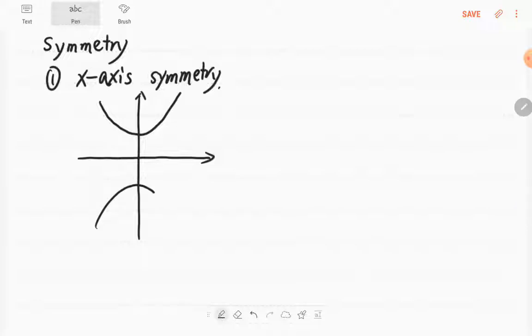X-axis symmetry means if you fold the graph along the x-axis, the two curves will coincide. Mathematically, if you have a point (x, y) on this plot and it's x-axis symmetry, there must be a point, if you draw a vertical line, with x and negative y.